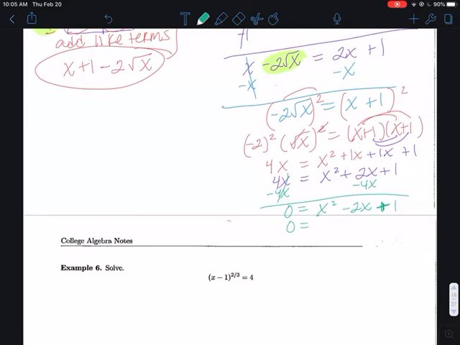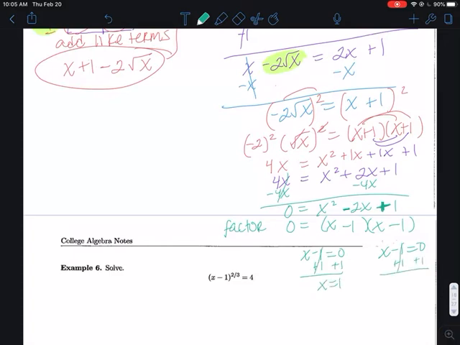When you factor this, so now we have to factor. I get x and x, and two numbers that multiply to give me +1 but add to give me -2 will be -1 and -1. At this point, you set both factors equal to 0, which they end up being the same. So you add 1 to both sides, x equals 1.